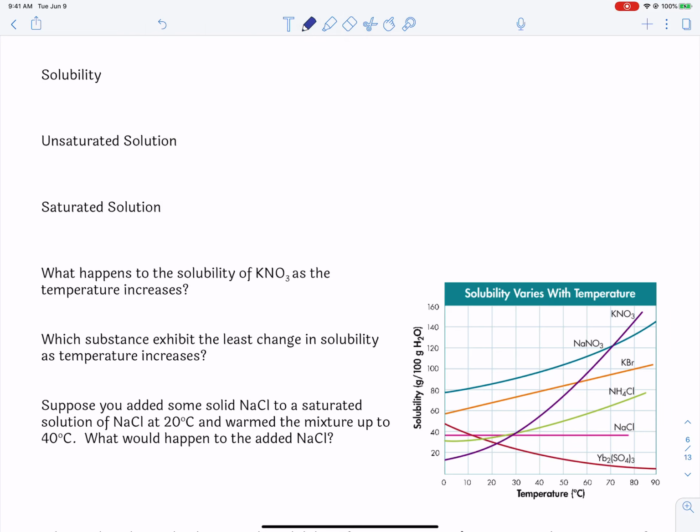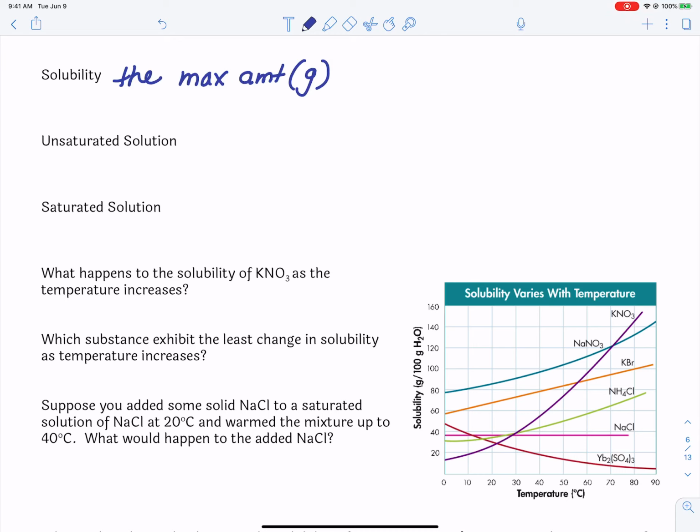So now let's look at solubility. What is solubility? We're not talking about whether something is soluble or not. Now what we're really talking about is, well, how much? Solubility is defined as the maximum amount, and it's typically in grams. It could be in moles, but then it's usually called molar solubility.